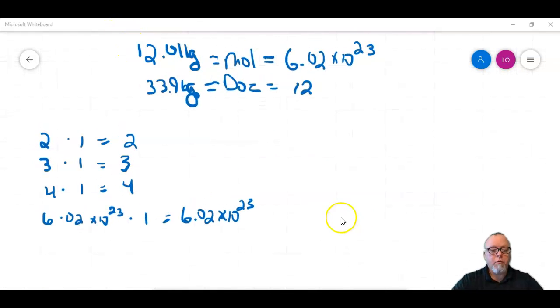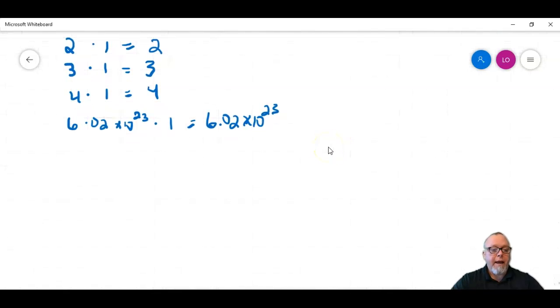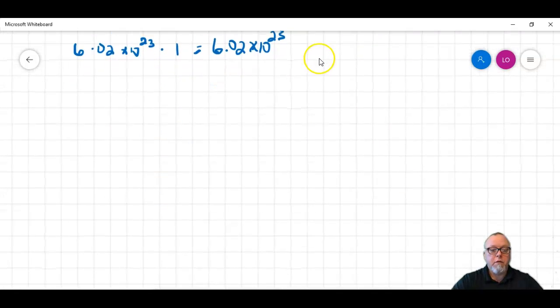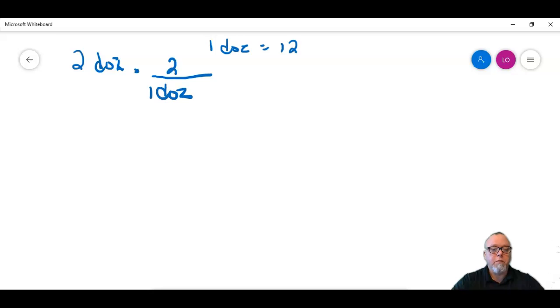Now, if we back up even further, we have 1 dozen is equal to 12 of something. So if I had 2 dozen of something and I wanted to find out how many I have, well, 1 dozen is equal to 12 of them. I need to get rid of dozen, so dozen will go in the denominator. 1 dozen is equal to 12.